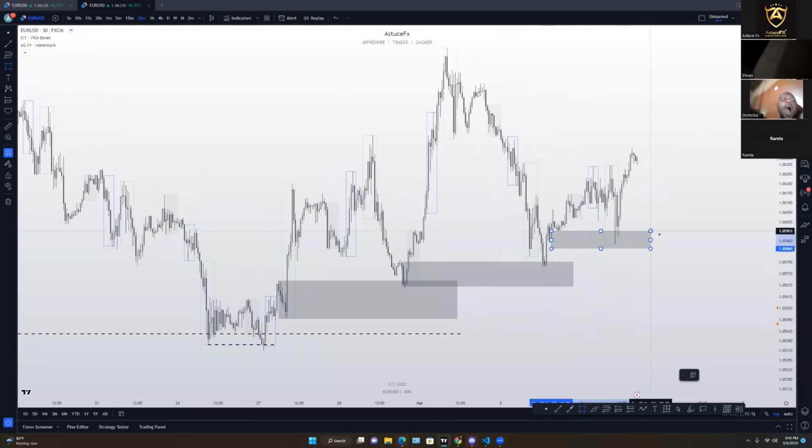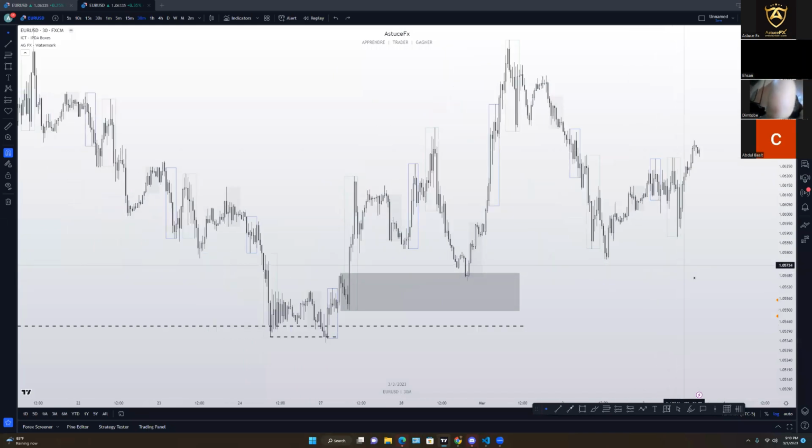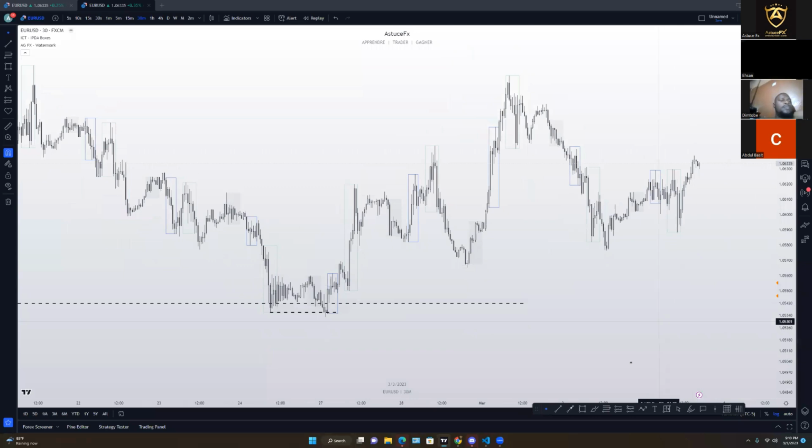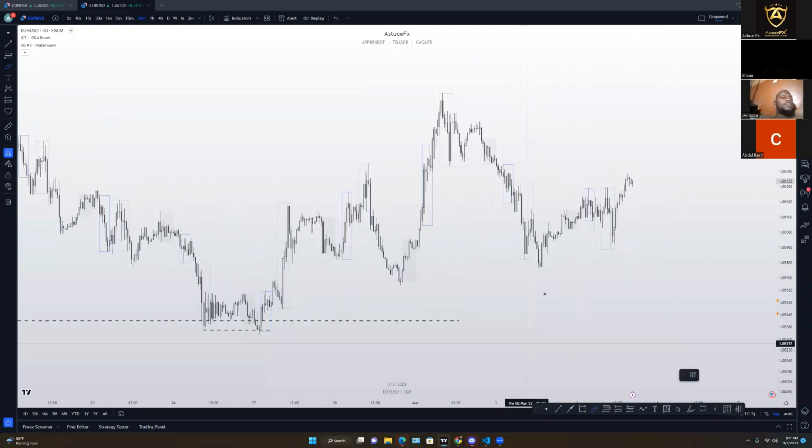So when you see all these mitigations and you zoom out and look, price will give you a trend line, because we have this mitigation, mitigation, mitigation, and overall you get a trend line. And that's exactly what the price is doing here.